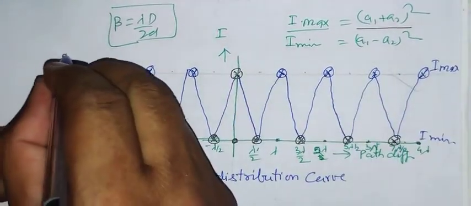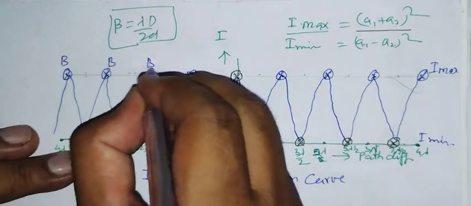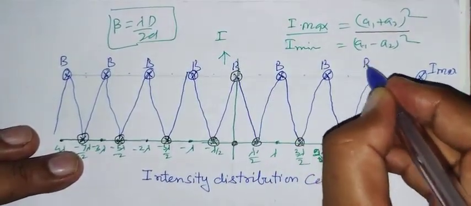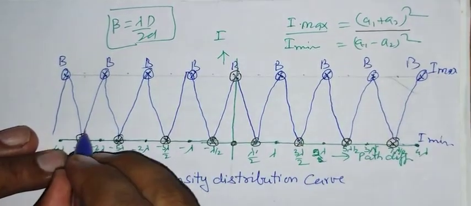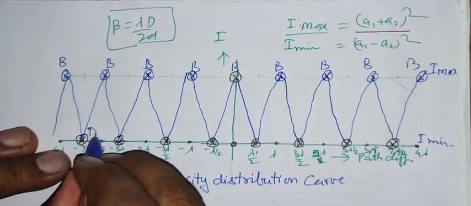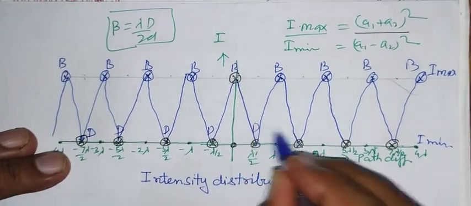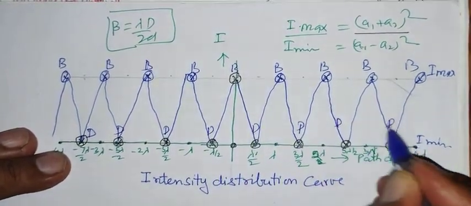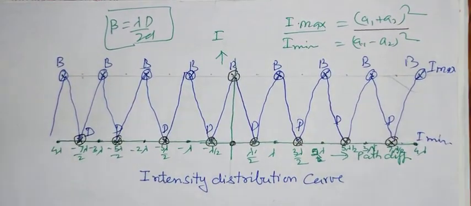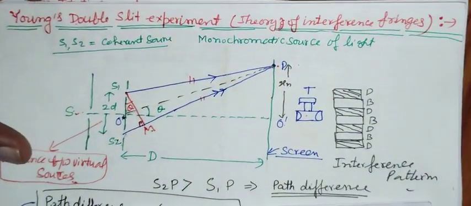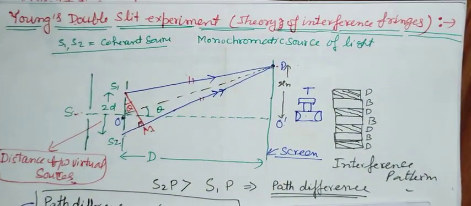These are the positions of bright fringes, B stands for bright fringes, and this is for the minimum, the dark position of dark bands. So this is the whole of the Young double slit experiment. Thank you and have a nice day.